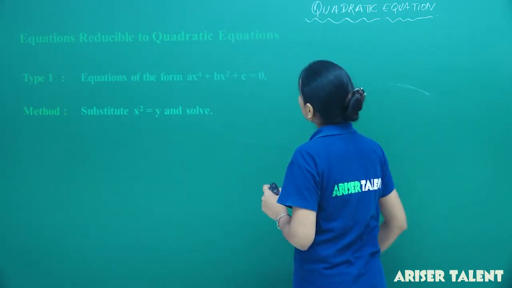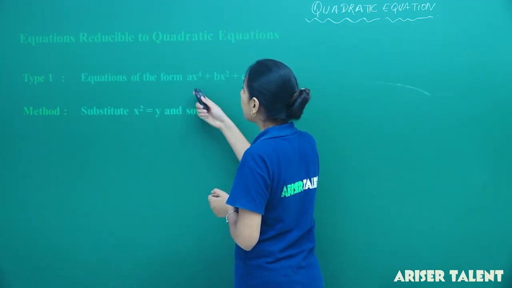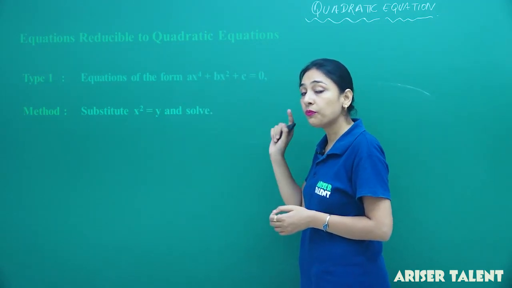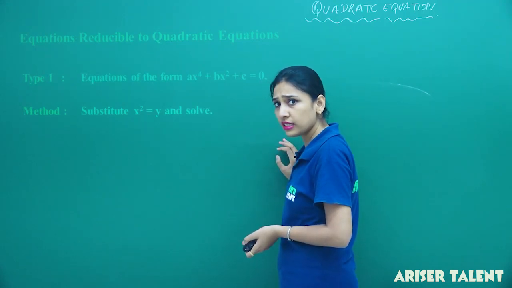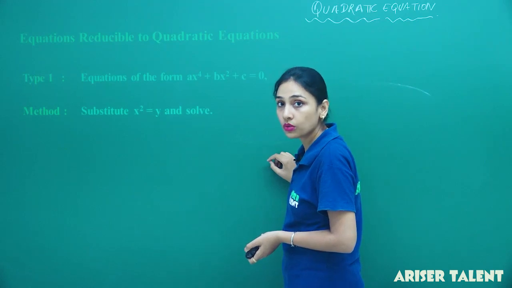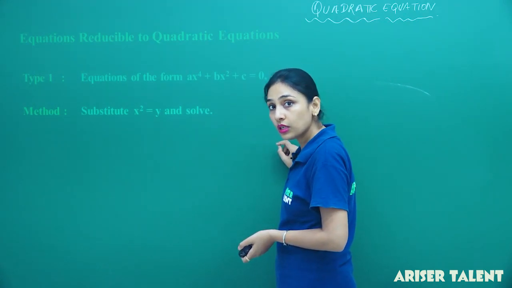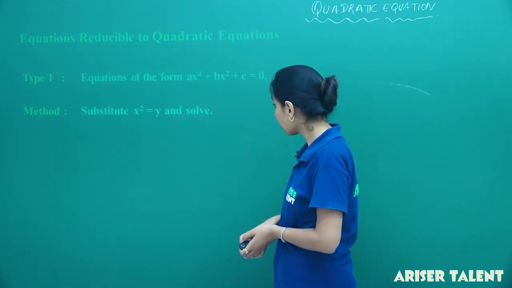Equations reducible to quadratic equations. Some equations you will find in the form of power 4. Now, if the power is 4, that is not a quadratic equation actually, is it? But we can find out the roots here. How? We can reduce this equation to a quadratic equation. Let's see.